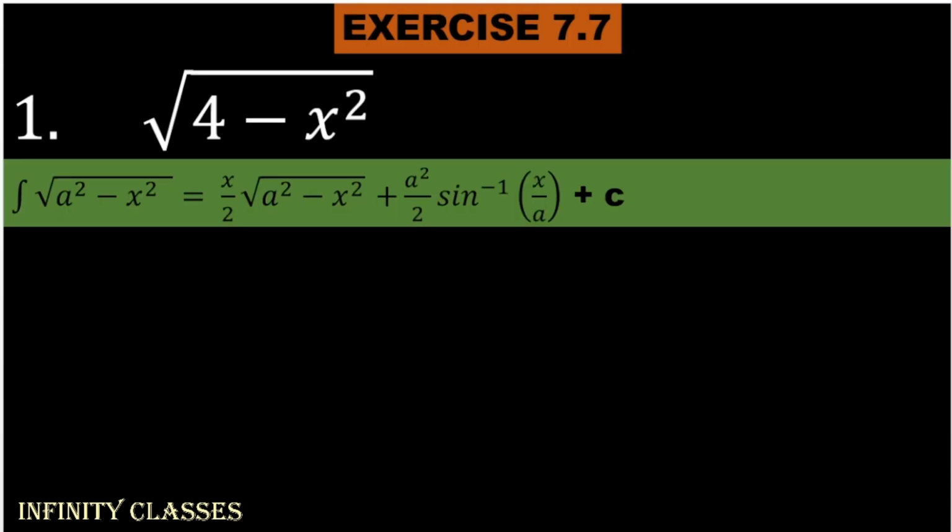Now we will apply this to the questions of exercise 7.7, question number 1. We will apply the formula directly. We will convert this, root 4 minus x square, into root a square minus x square, so we can write 4 as 2 square minus x square.